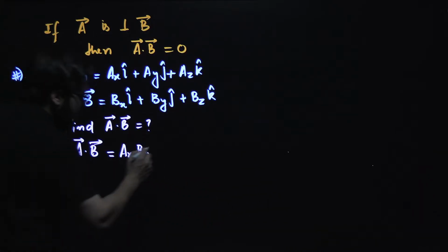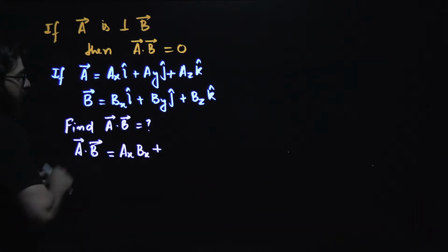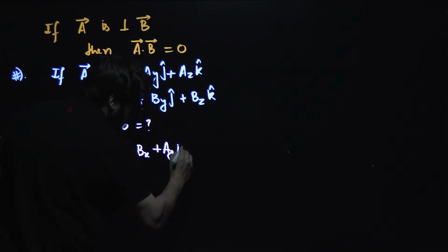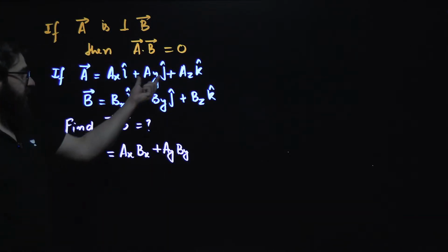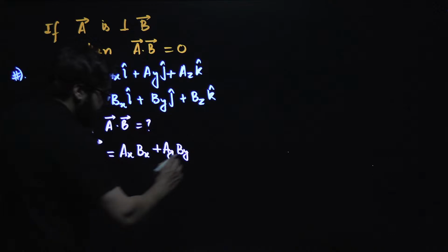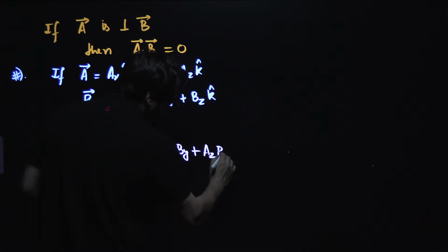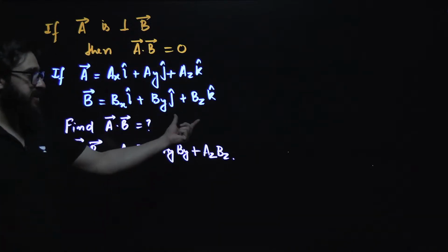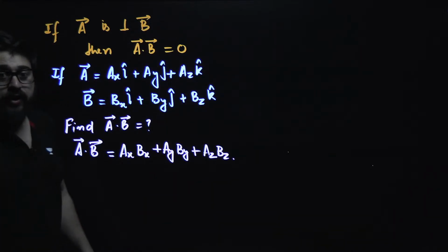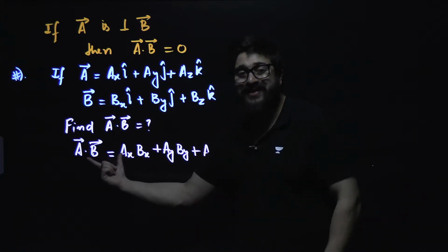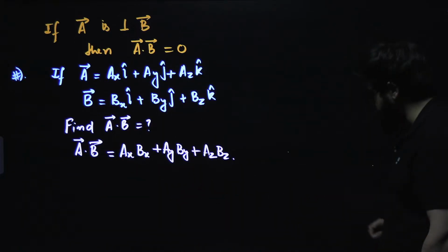Then plus ay into by, j dot j is 1. Then plus az into bz, k dot k is again 1. So this is the dot product of two vectors in terms of the components.